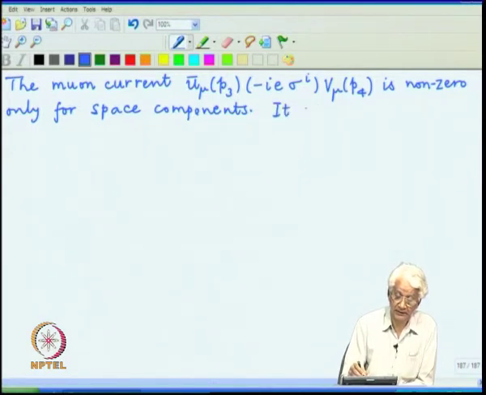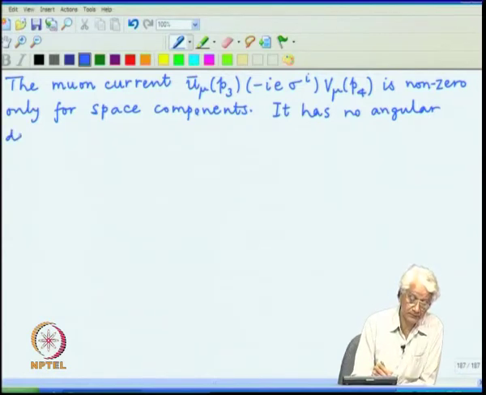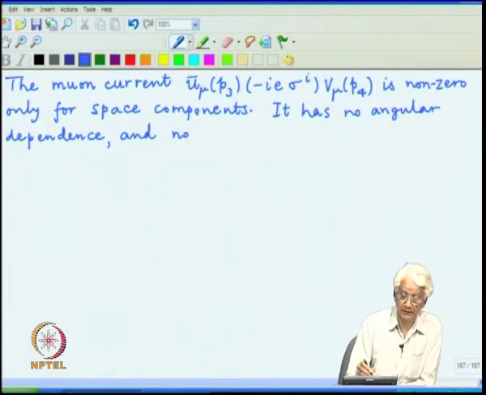And in particular, if you now look at this particular structure, it has no angular dependence, and therefore no angular momentum.